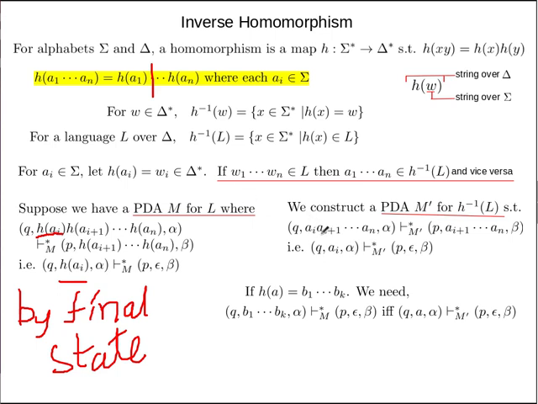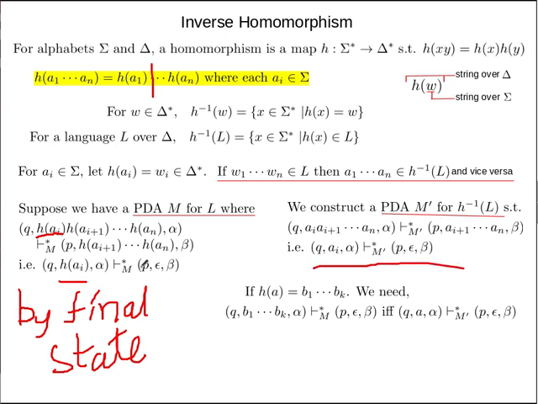So instead of taking this long thing, you say it starts with Q, processes AI with stack alpha, and then finally reaches this state P, where it has consumed this string with just one symbol, and the stack is beta. Okay.